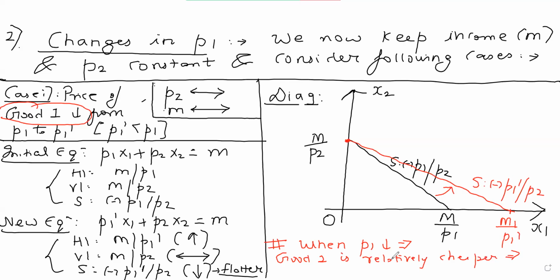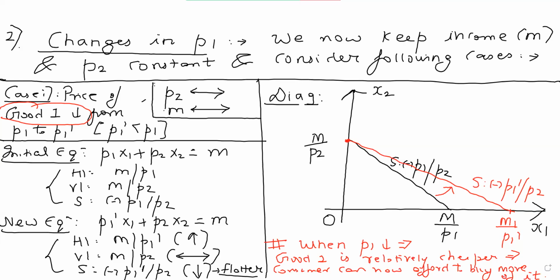Which implies consumer can now afford to buy more of it. When anything becomes cheaper, you can now buy more of it. Your pocket allows you to buy more of it. Very simple.